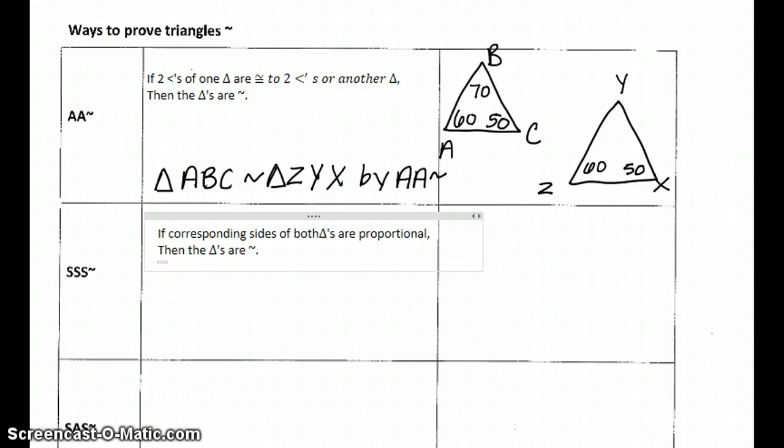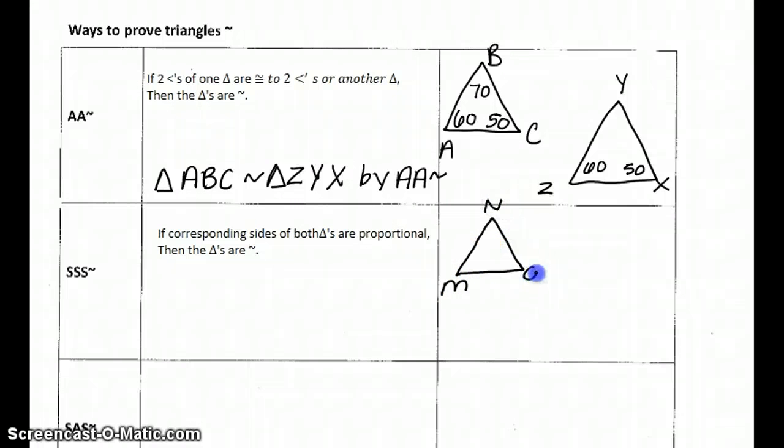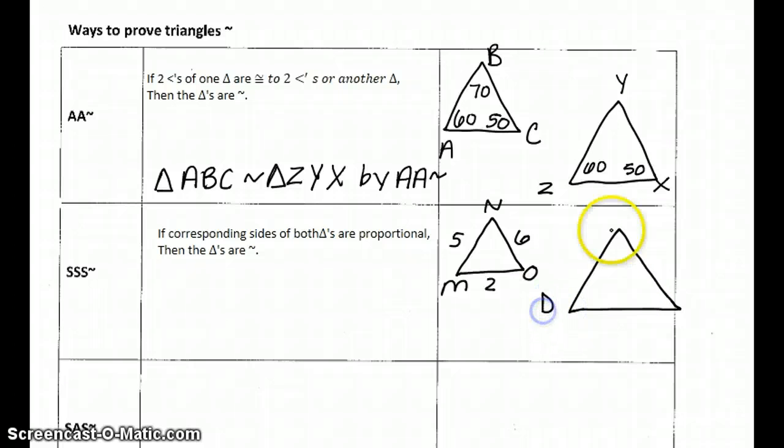Here, you only have to check sides. Again, I'm going to draw a picture. I have triangle MNO with side lengths 2, 5, and 6. And then I have a much larger triangle, DFE, with side lengths 4, 12, and 10.